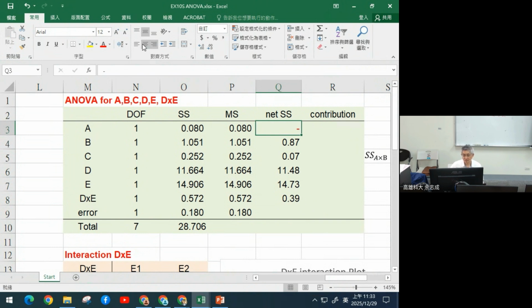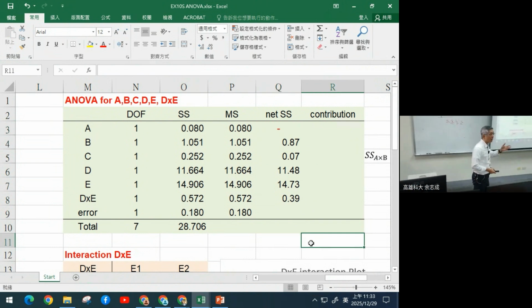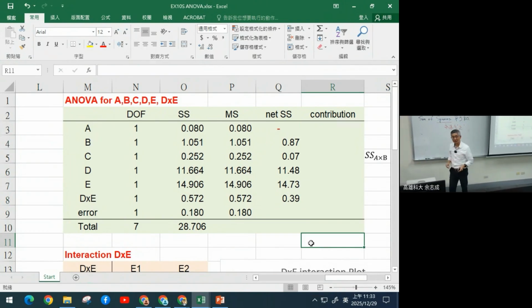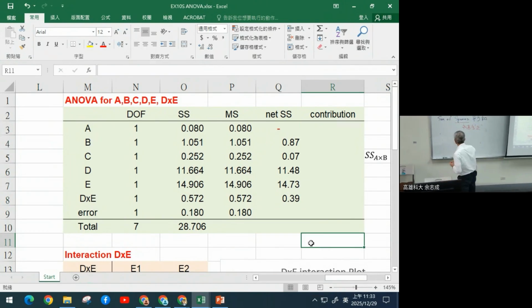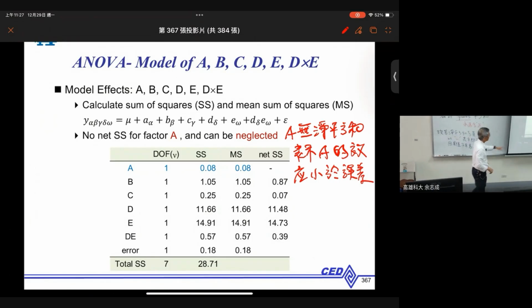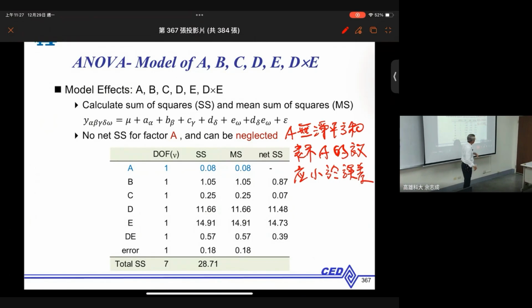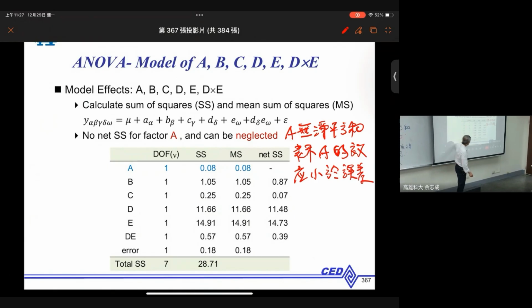Don't put minus 0.013, since sums of square are always positive. If it is negative, you don't need to put a number, just put a minus sign here. It means that the sum square of A is smaller than 0.